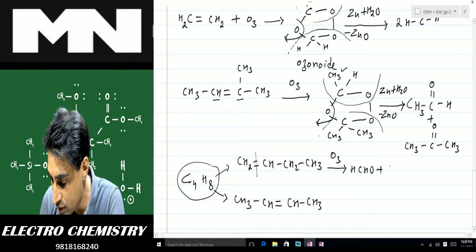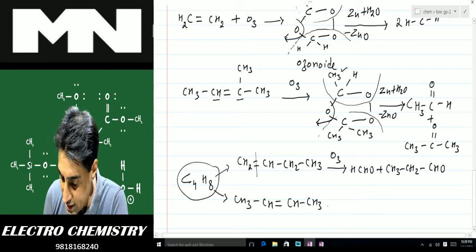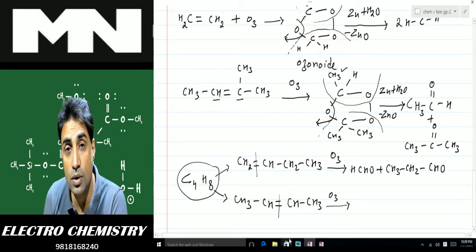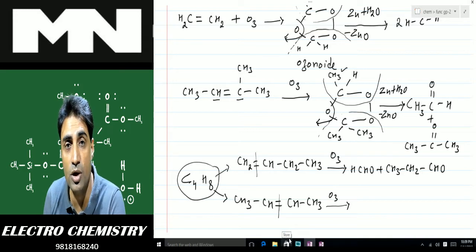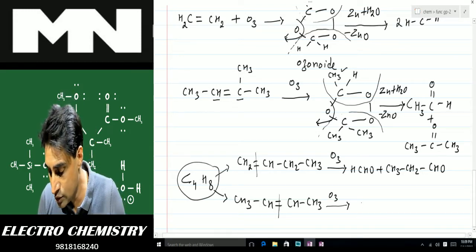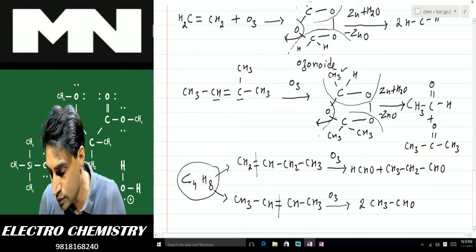So the other compound I will get is CH3CH2CHO. On the other hand, if I carry out ozonolysis of this compound, it will break from this double bond, and on either side of the double bond you have got the same number of carbon atoms. So you'll get the same compound, that is you'll get 2 moles of CH3CHO.